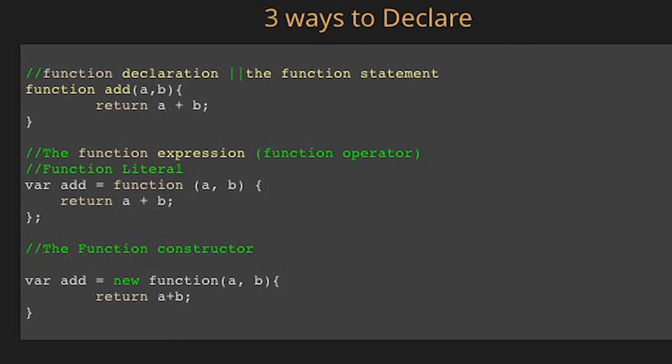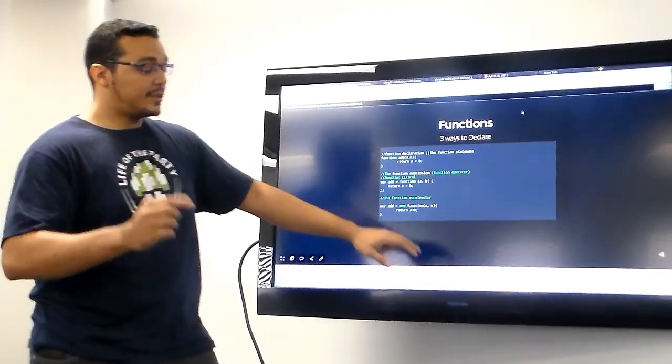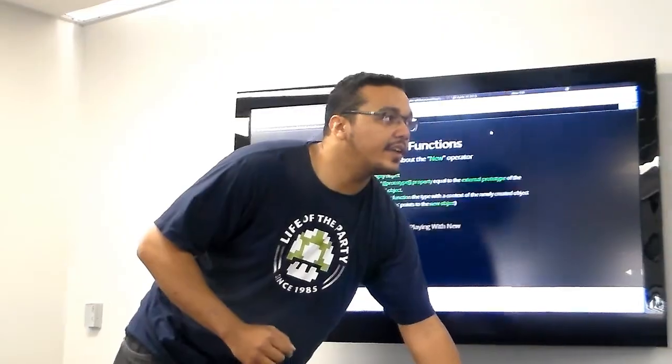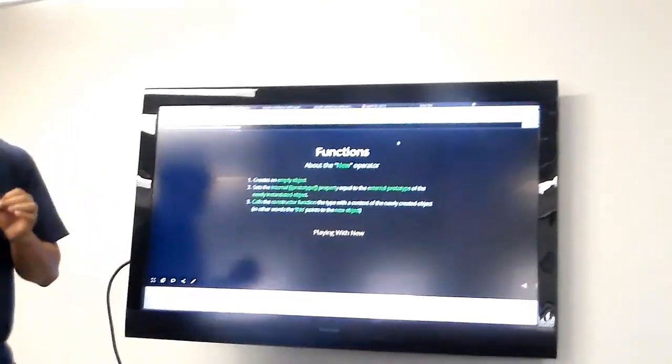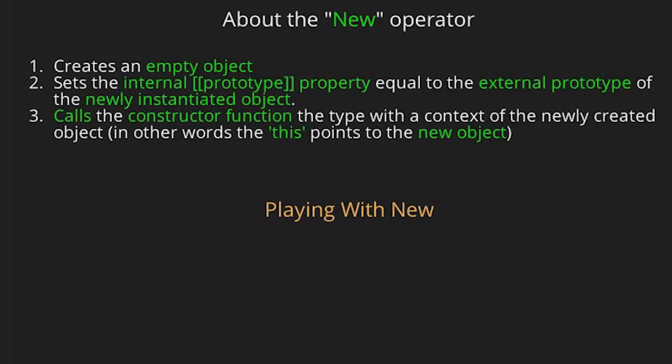The new constructor bit is another thing. This is dealing with prototypes, which I'm going to get into next. Now the new is kind of a mind-bendy thing. So new in JavaScript works a little different from new in other languages and has a couple of caveats.